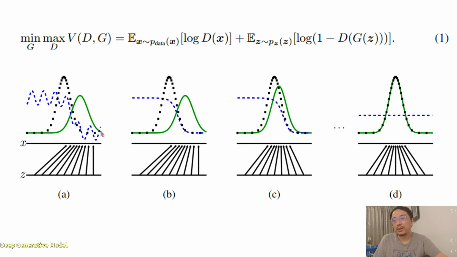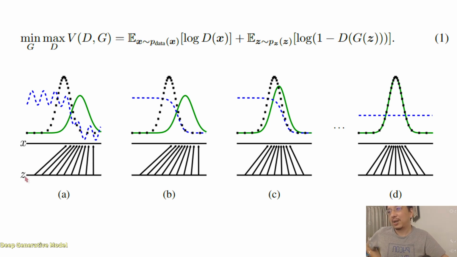The green curve represents the generated distribution, the black dots denote the true images, the real images, or the target distribution that we wish to achieve, and the blue dashed line is used to denote the score given by the discriminator.